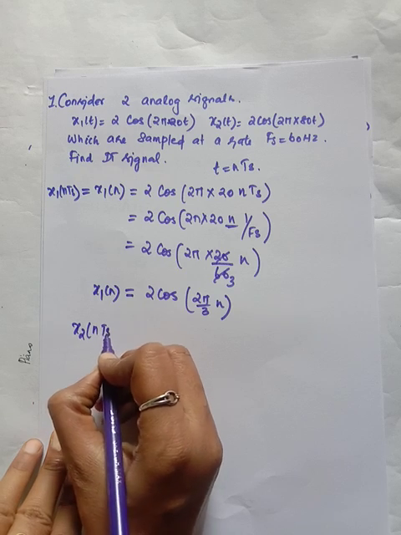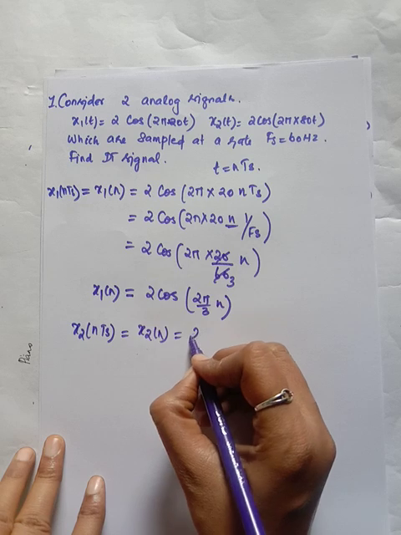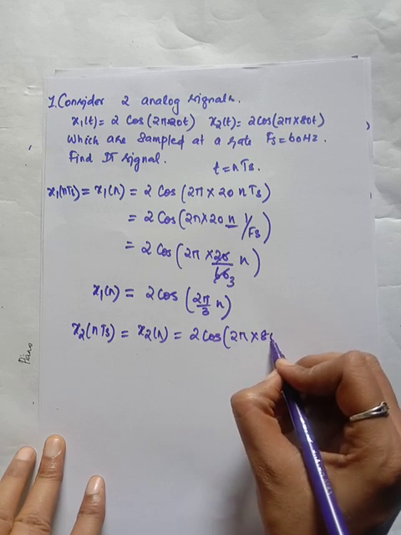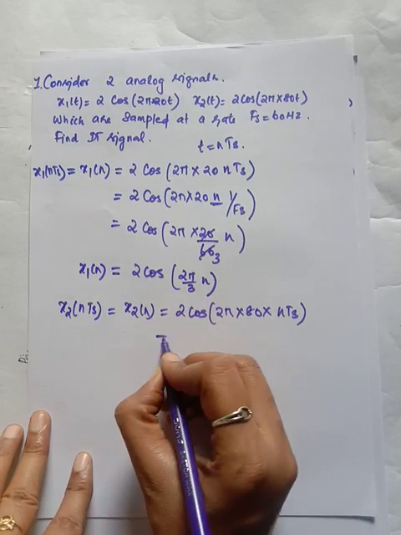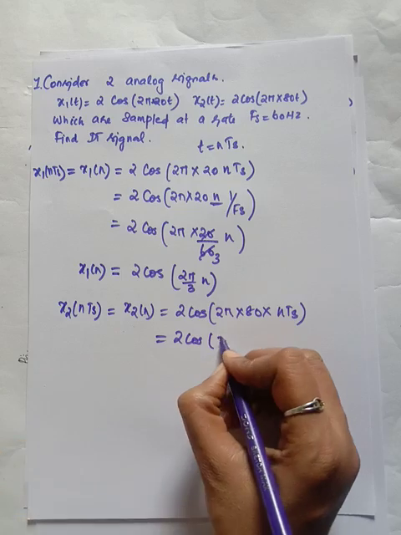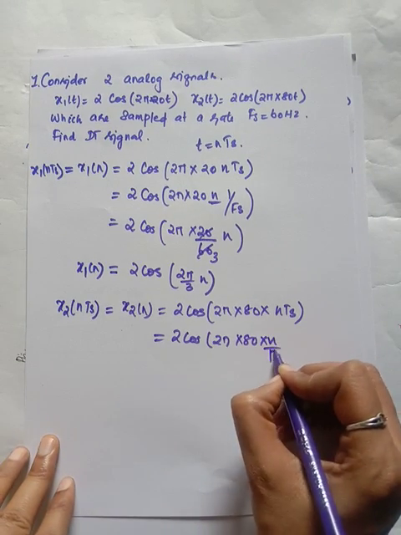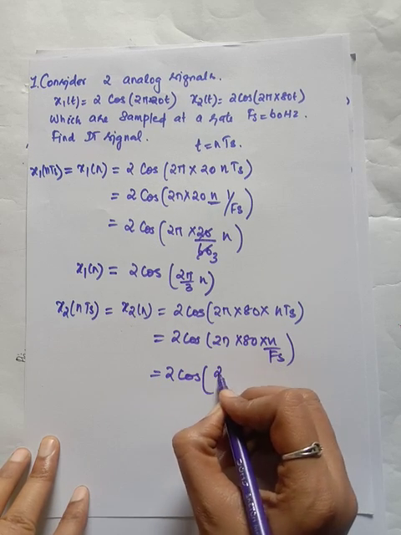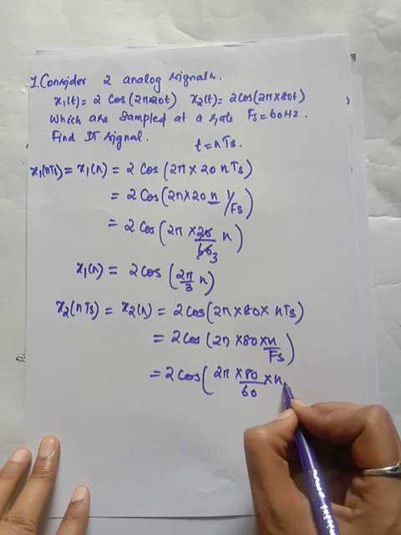x2 of nTs can be written as x2 of n, which is equal to 2 cos 2 pi into 80t, where instead of t I am going to substitute nTs. So 2 cos 2 pi into 80 into n divided by Fs. So 2 cos 2 pi into 80 divided by 60 into n.